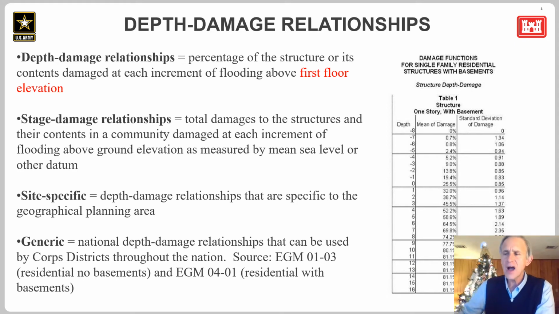As it gets higher, it gets to greater depths within structures, and some structures that didn't flood before now start flooding. So it's looking at the total damage relationship. Those are the stage damage relationships. That's different than the depth damage relationships. Those are for a particular structure or category of structures. Those are inputs in order to get to the stage damage relationship.